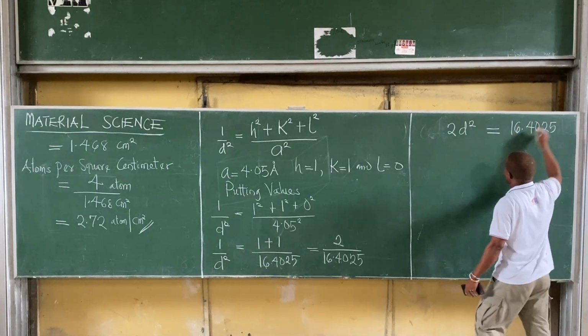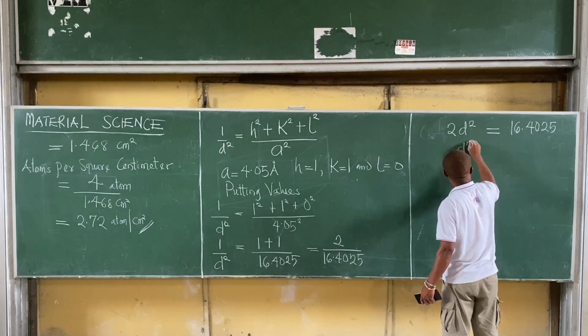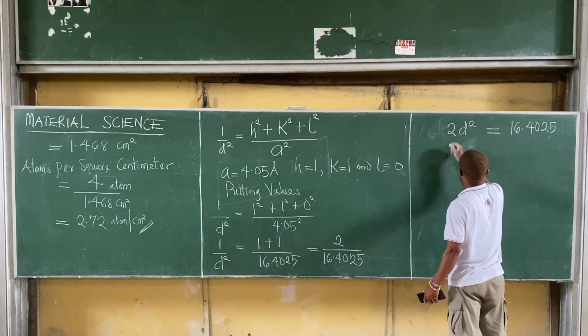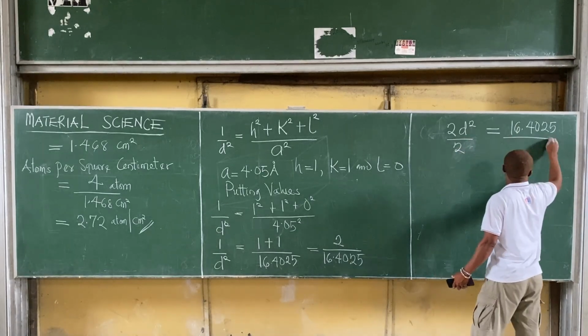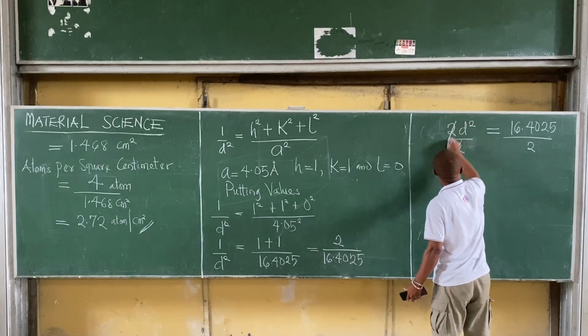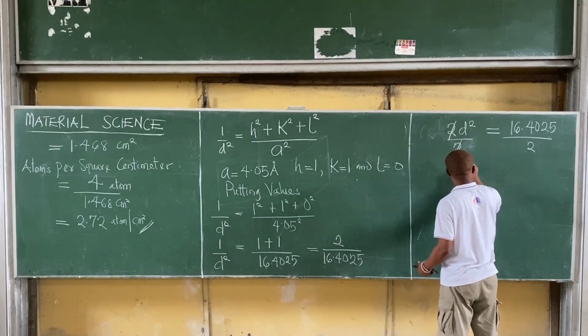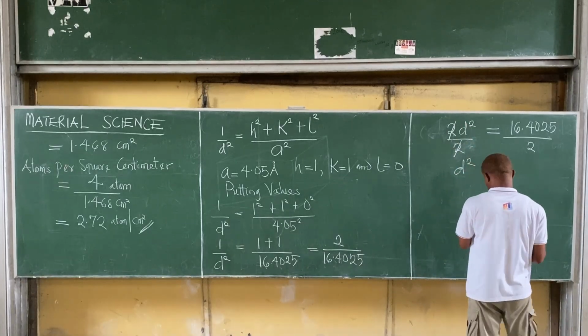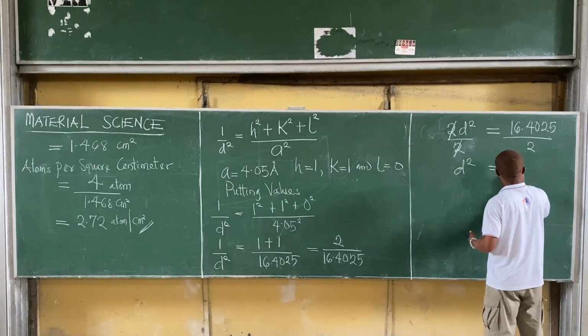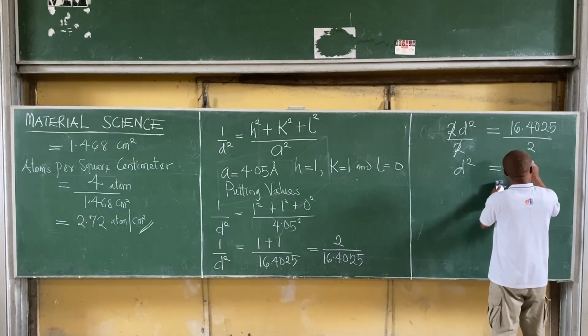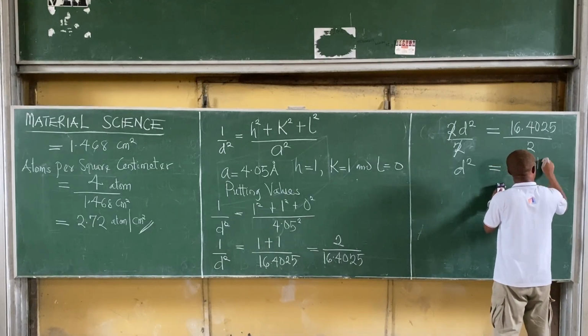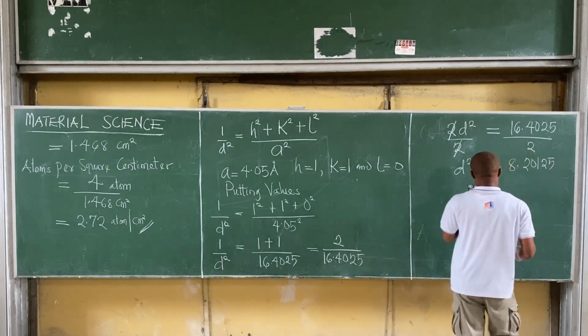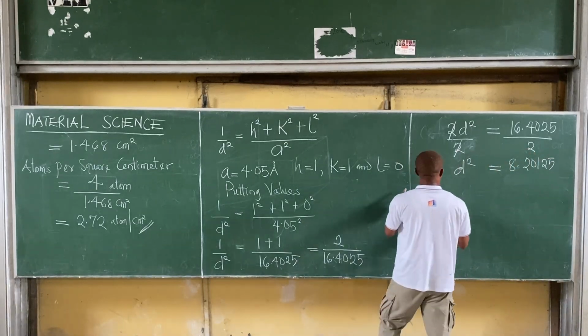Therefore, dividing both sides by 2, we get the value of d squared to be 8.20125.